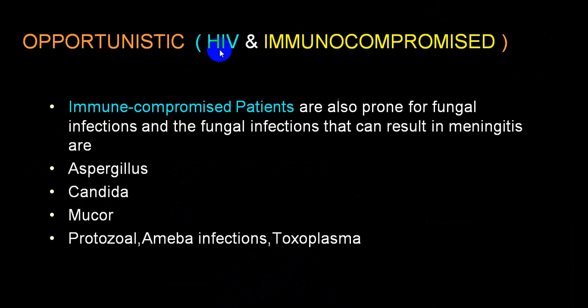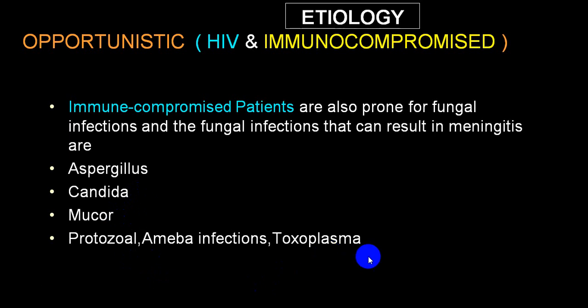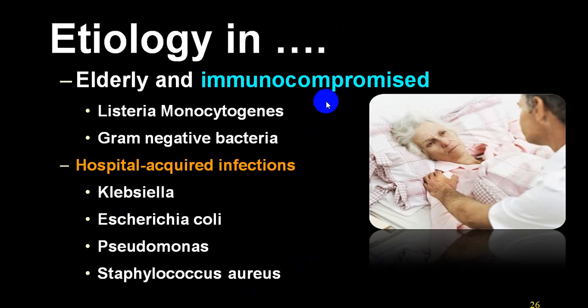Opportunistic infection is very common in persons with HIV and immunocompromised hosts, where you will have odd infections like Aspergillus, Candida, mucormycosis, and odd protozoal infection like Toxoplasma, etc. So in an immunocompromised host, you can have a hospital-borne infection like Klebsiella, E. coli, Pseudomonas, Staph aureus, those groups of organisms which are not routinely seen in a normal person.